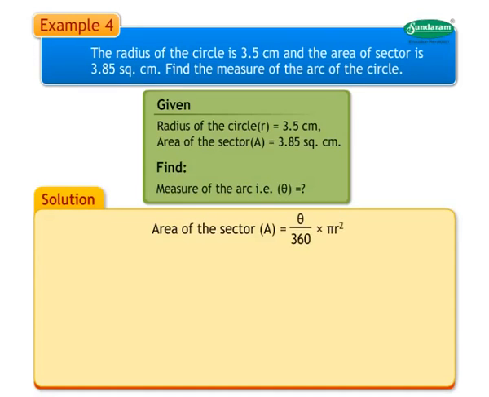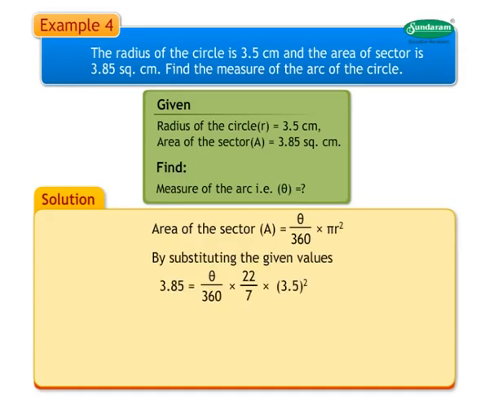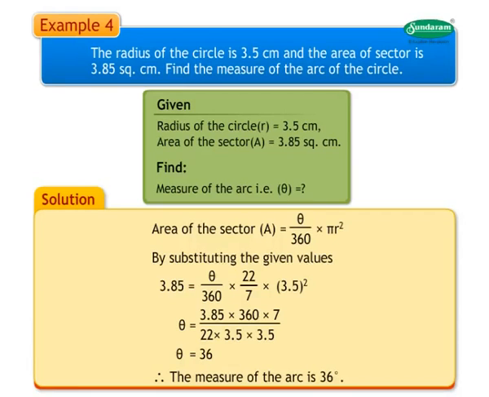Area of the sector is equal to theta upon 360 into pi into r square. By substituting the given values, we get 3.85 is equal to theta upon 360 into 22 upon 7 into 3.5 square. Theta is equal to 3.85 into 360 into 7 upon 22 into 3.5 into 3.5. Therefore, theta is equal to 36. Thus, the measure of the arc is 36 degrees.